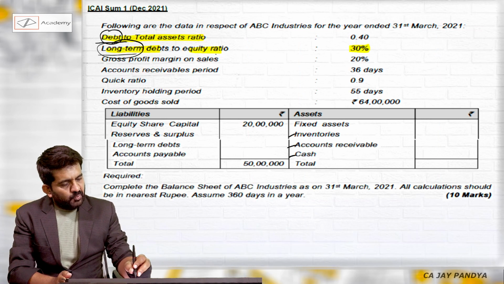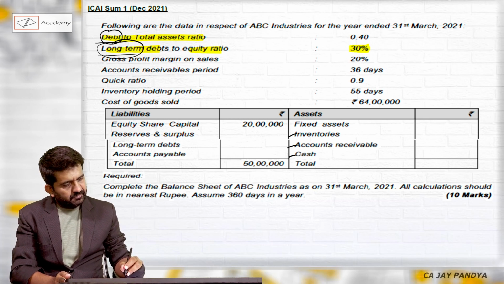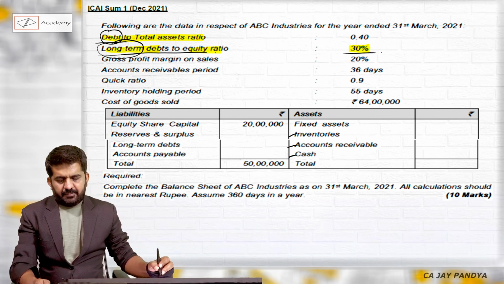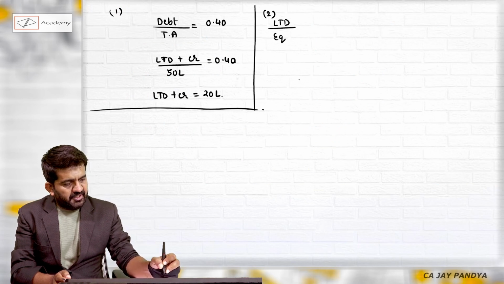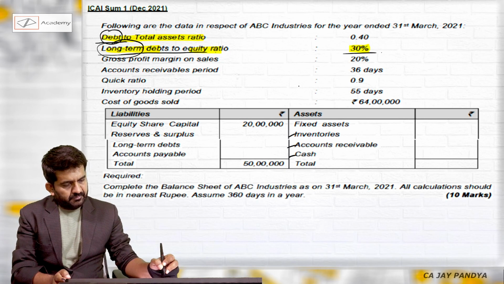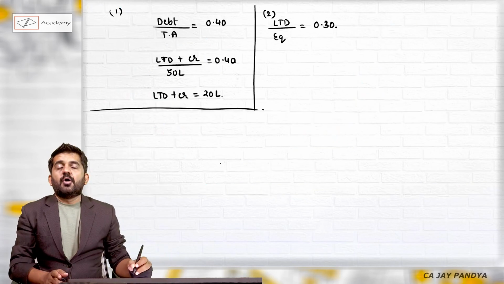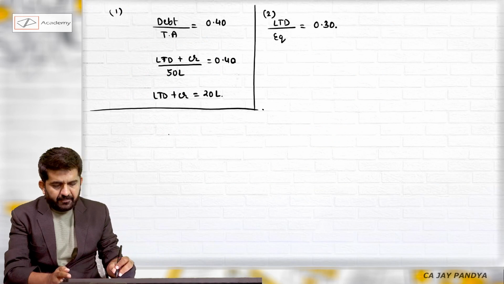Long-term debt to equity ratio is 30%. Long-term debt to equity ratio is 0.30. Now please understand, here equity does not mean only equity share capital.